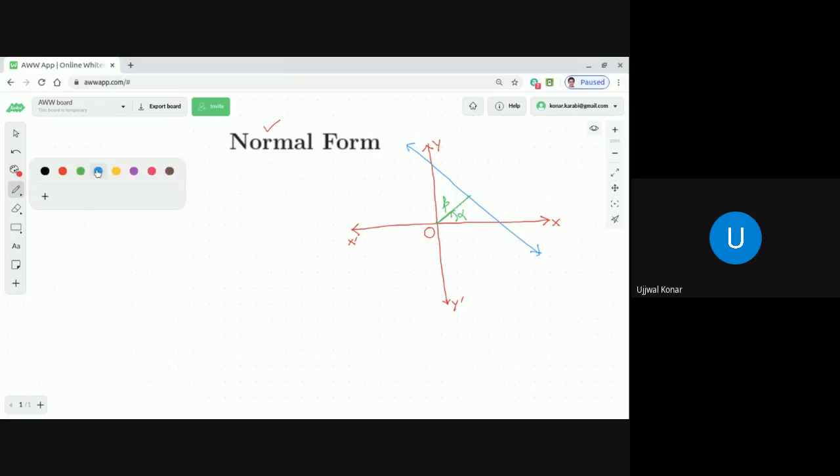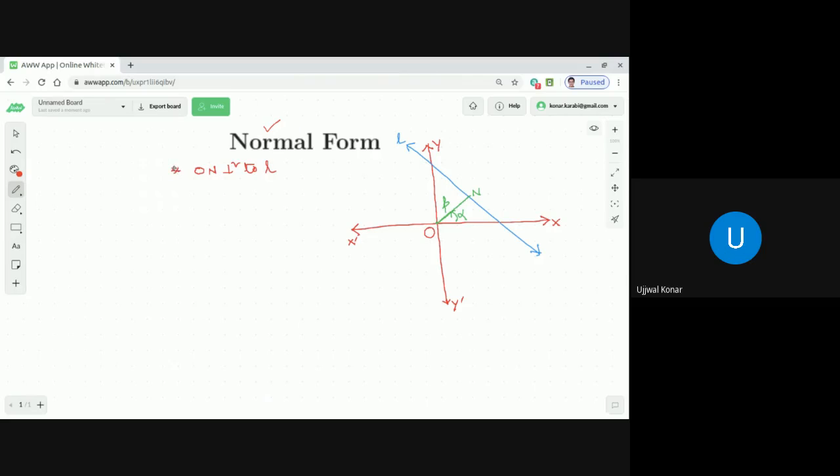Let me tell you once more. Suppose with respect to this coordinate axis, we have a straight line L such that a perpendicular drawn from the origin to that straight line has length p. That means if N is the foot of the perpendicular drawn from the origin to that straight line, then ON is equal to p. One thing we are sure of is that ON is perpendicular to L, where L is the straight line.